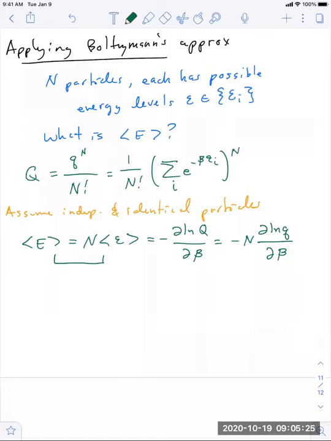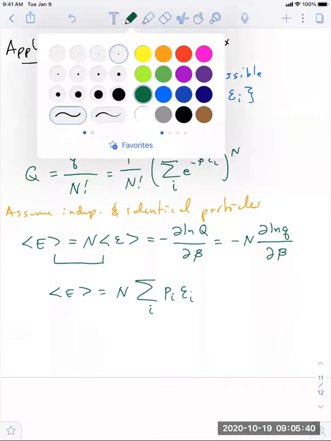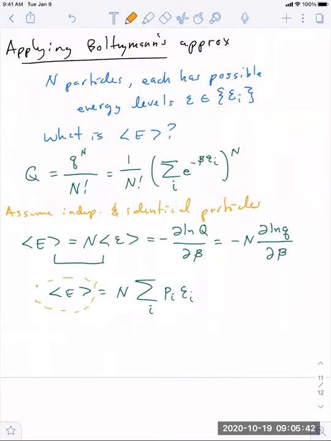So this tells us that our total energy is just n times this average energy, the sum of probability times epsilon sub i. So that means to get the total energy, if we have independent and identical particles, all we need is this single particle energy.